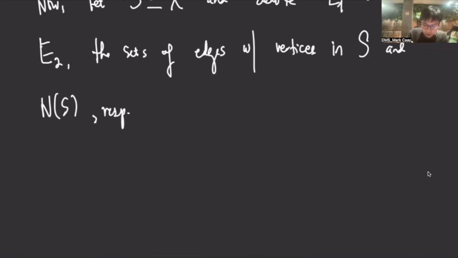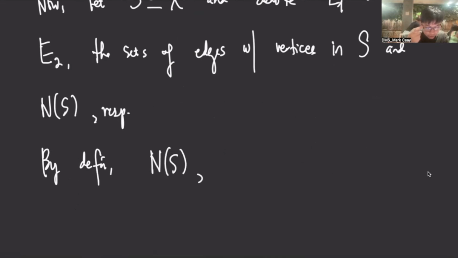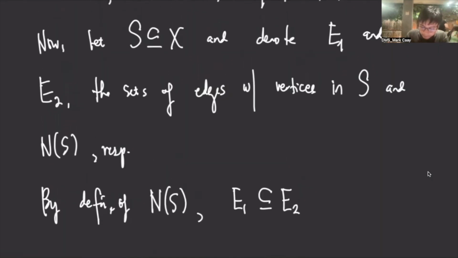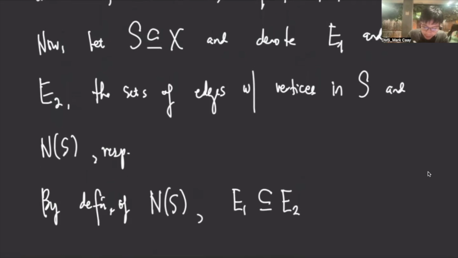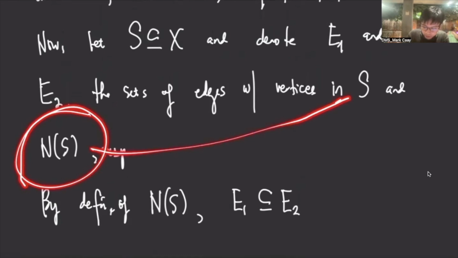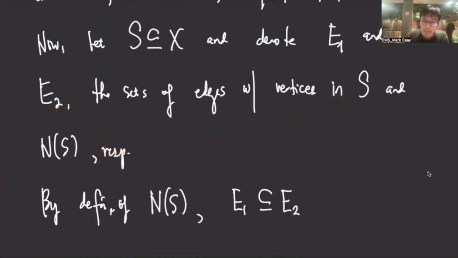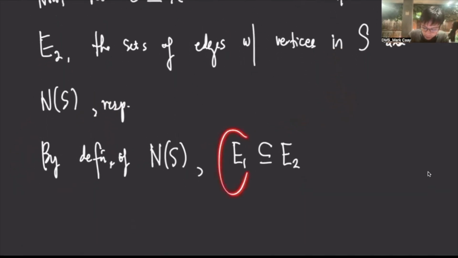So, what does it mean? By the definition of N of S, your E1 is a subset of E2. Why? Because the cardinality of E2 is larger than that of E1. So therefore, E1 is a subset of E2.